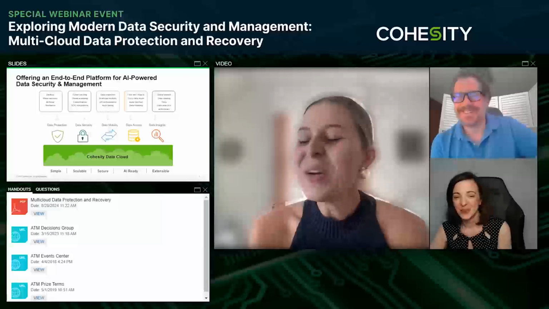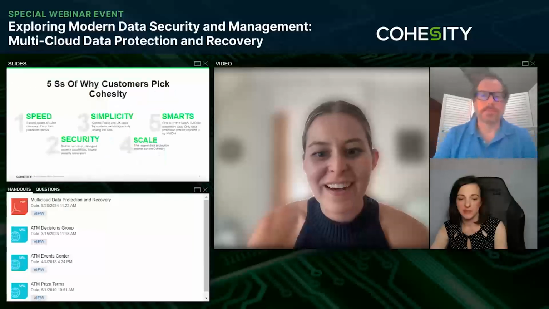There's one other question here from Ian: what makes Cohesity different from other backup and recovery providers? So I'll kick that to Jenny. Yeah. So I think we talked about it on that slide of why customers choose us. Let me see if I can click back onto that slide.